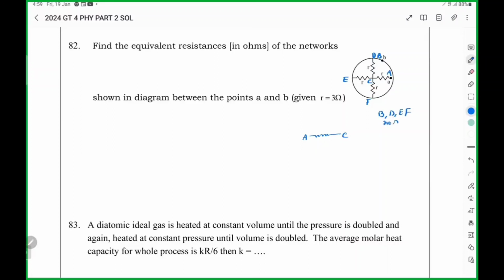That means they are at common potential. So once they are at common potential, you can add D and E, like between C and D or between C and B.